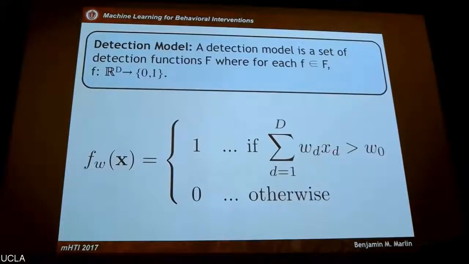Basically what you do is you take each of your features, you weight it by some weight, you add that set of weighted features together, and you compare it to some threshold. So this is what the function does. If this weighted combination exceeds the threshold, we'll say yes, the event occurred. Otherwise, we'll say no, it didn't occur. So that's a basic mathematical description of what's called a linear detection function.